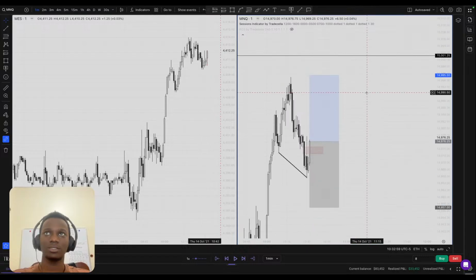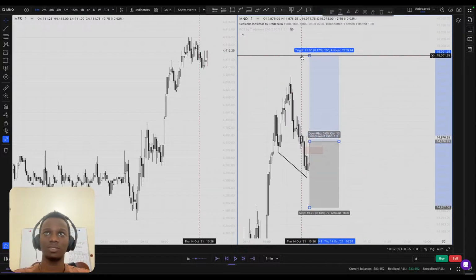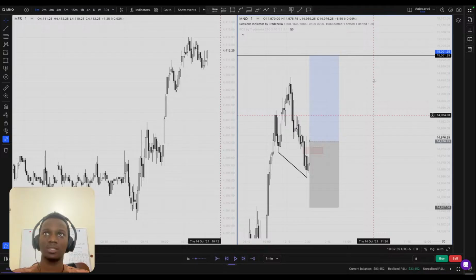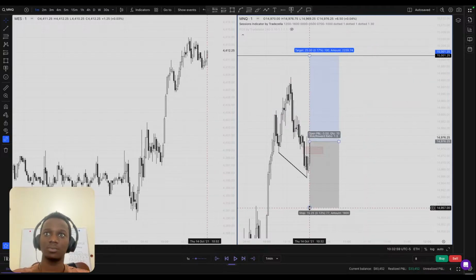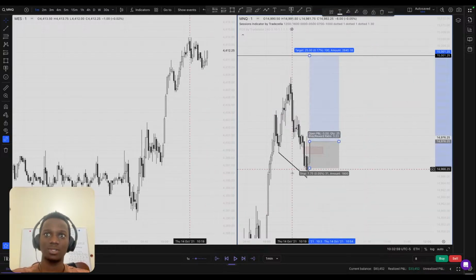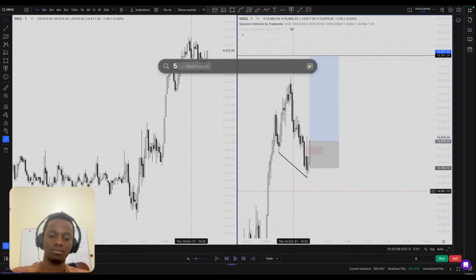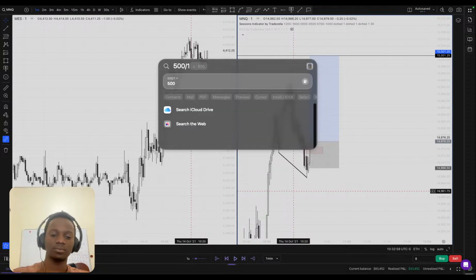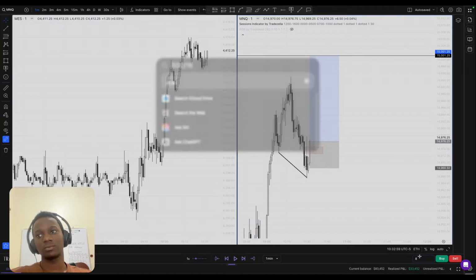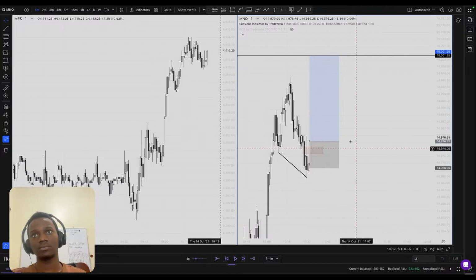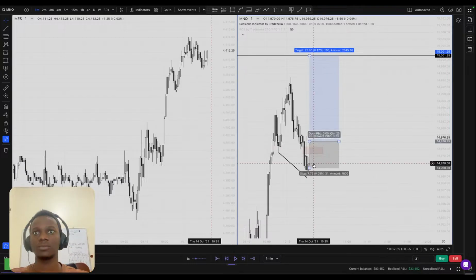Inversion to interact and take profit, very obvious right there. Partials at this high and stop at this low here. 7 points, that's really small, but we'll just take it. We're using 31. This will be a really big one, but it's okay.